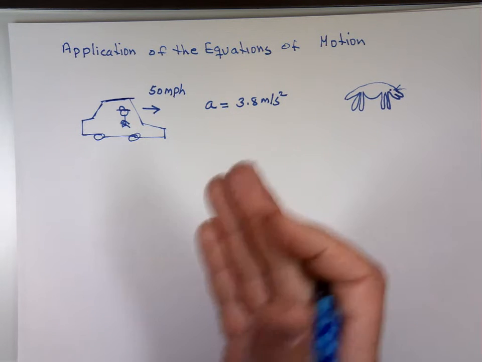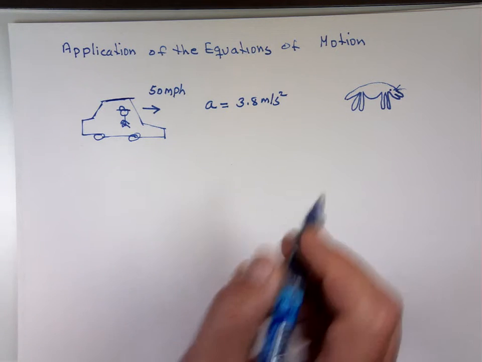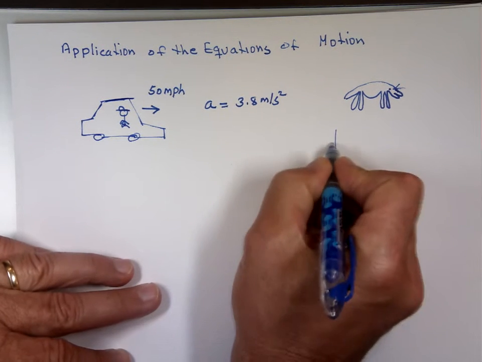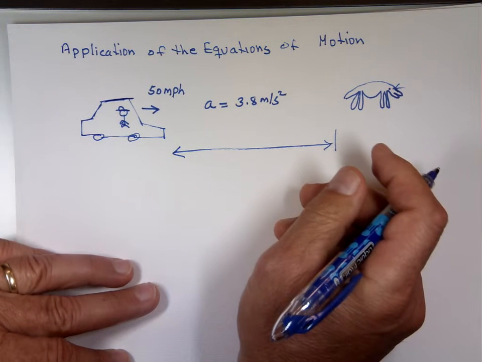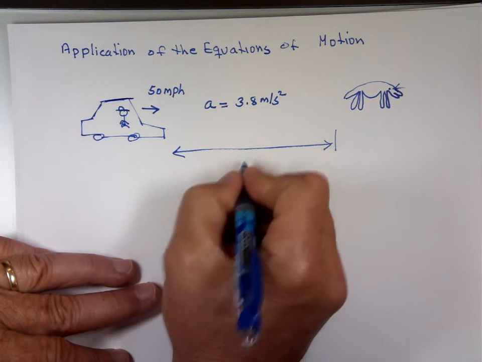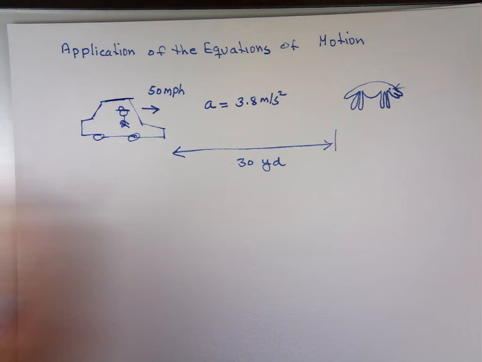When you slam on the brake, it decreases the speed at that rate. Let's assume the deer is 30 yards away. I'm trying to put crazy units in the problem intentionally.